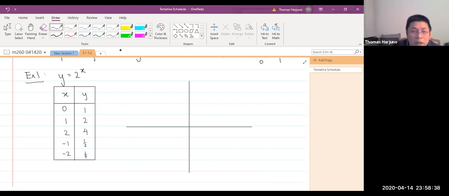So I will try my best to follow the grid here. 0, 1, that's the y-intercept. And then 1, 2, approximately here. 2, 4, approximately here. Negative 1, 1/2. Negative 2, 1/4.